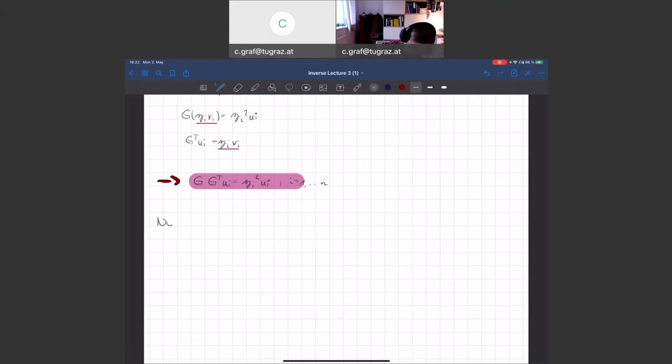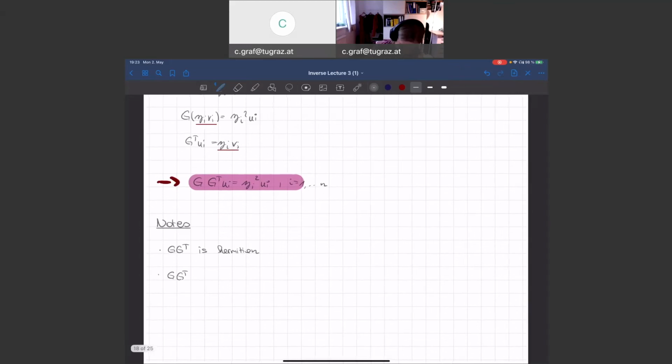We could discuss a few things about this again. T T transposed is Hermitian. Like before, T T transposed is positive semi-definite.